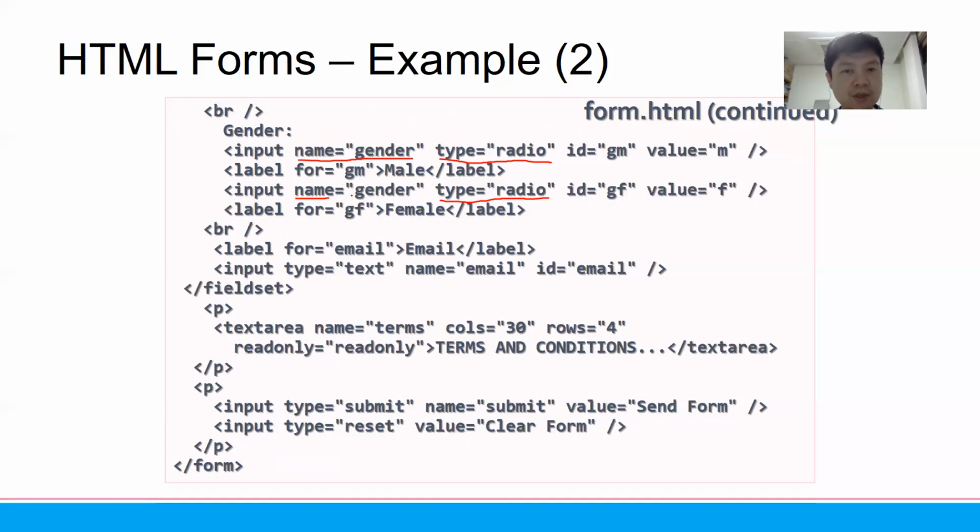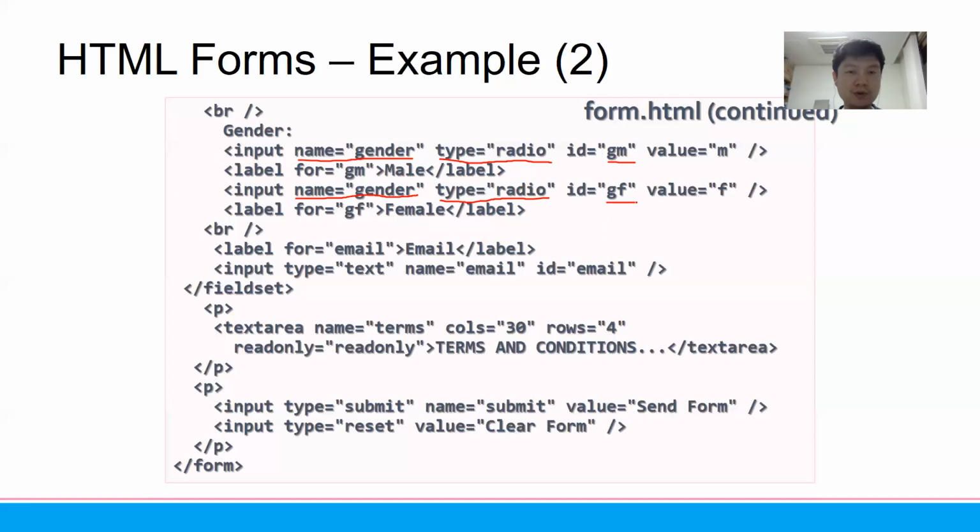Actually, the name should be unique, but we are making the same name because we are making the radio button. Only one should be selected. So if you are male, then you cannot be female. If you are female, you cannot be male. Then you need to select only one. So that's why the name should be the same, and the type is radio, but the ID is different. GM to represent male and GF to represent female.